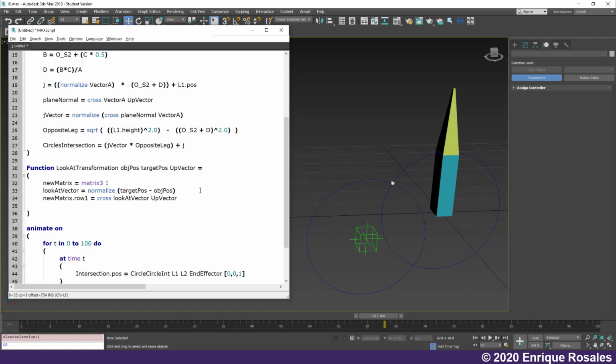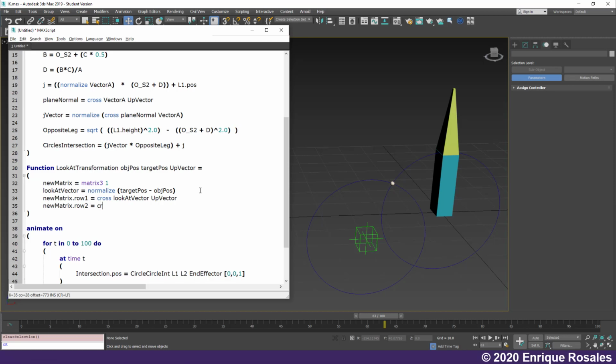Okay, new matrix. And again, this is row 1, row 2 because they use row notation, right? So remember, row 1 is basically like column 1 for our column notation. But it's basically the Z direction, right?